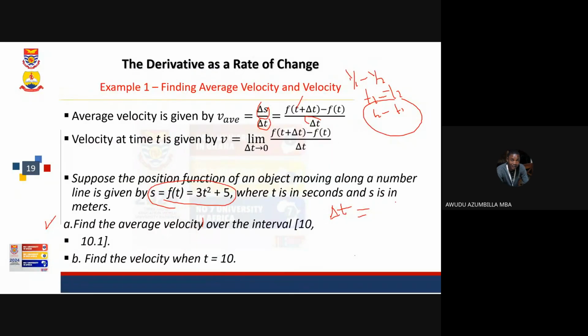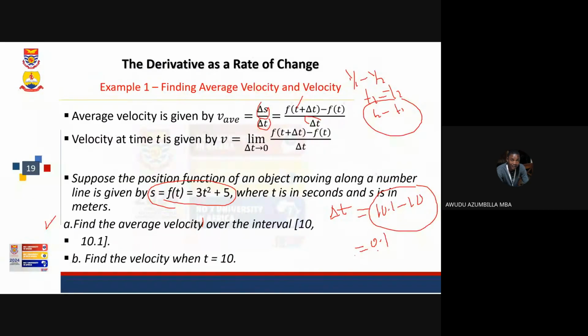So the current one is 10.1. 10.1 minus 10 will give you the change in T, and that is going to give you 0.1.